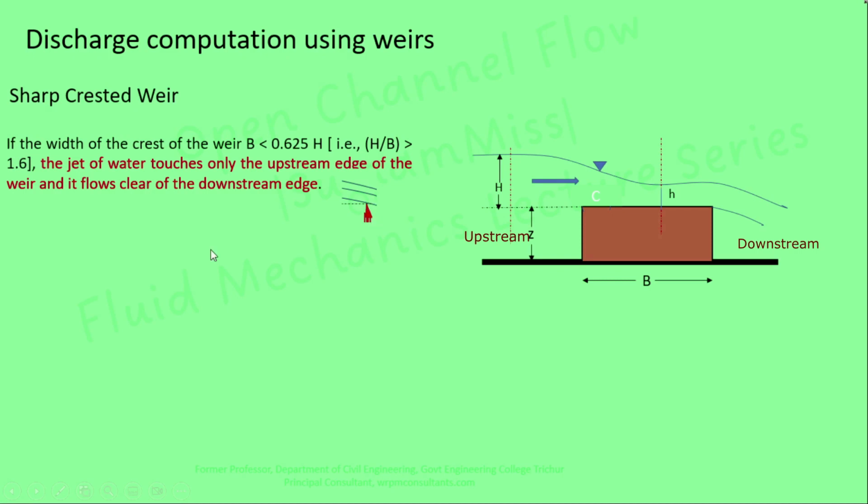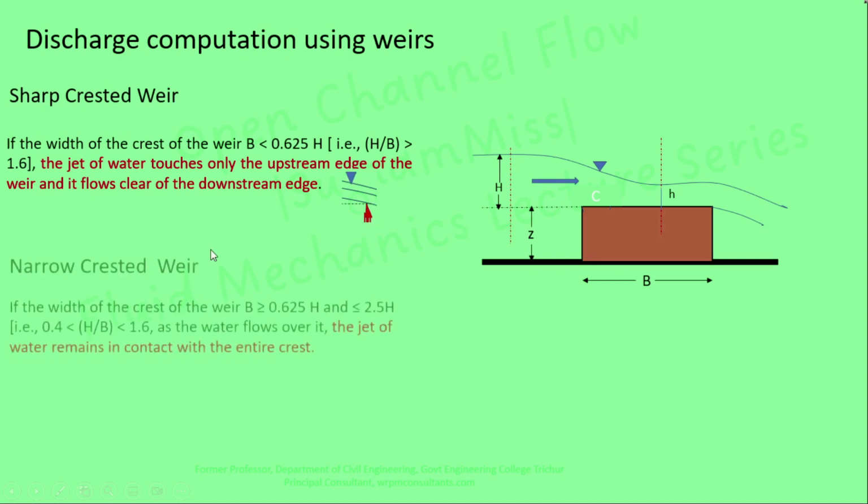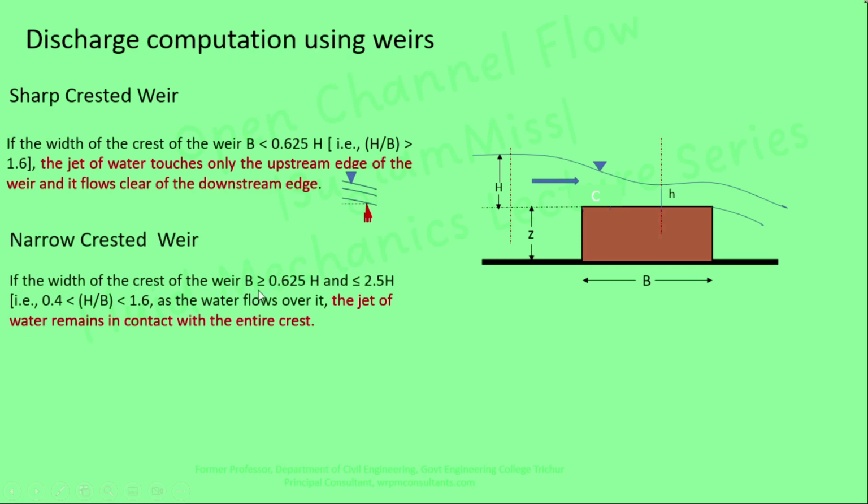this downstream edge. In the case of a narrow crested weir, the width of the weir crest is higher than 0.625 H, but it is less than 2.5 H. When the water flows over it, the jet of water remains in contact with the entire crest. The figure shows a broad crested weir.